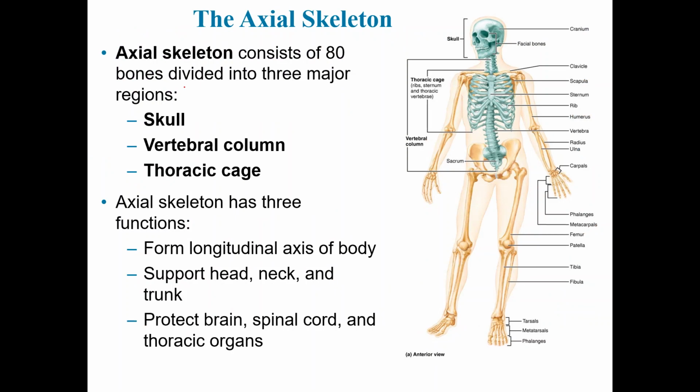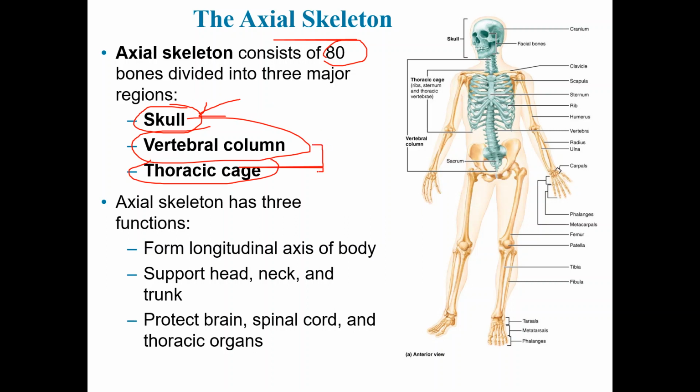The axial skeleton itself consists of about 80 bones and is divided in three major parts or regions known as skull, vertebral column, and thoracic cage. In this presentation, we're going to talk about the skull, and then in a second presentation, we're going to talk about the other two, the vertebral column and the thoracic cage.